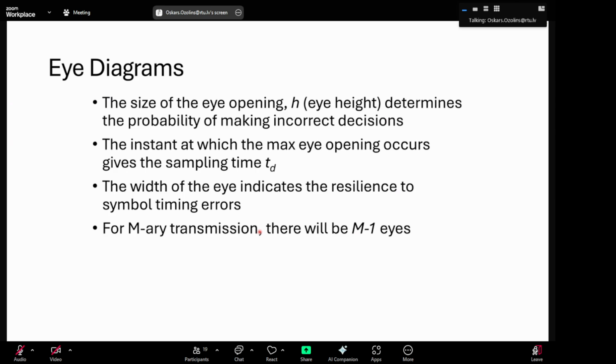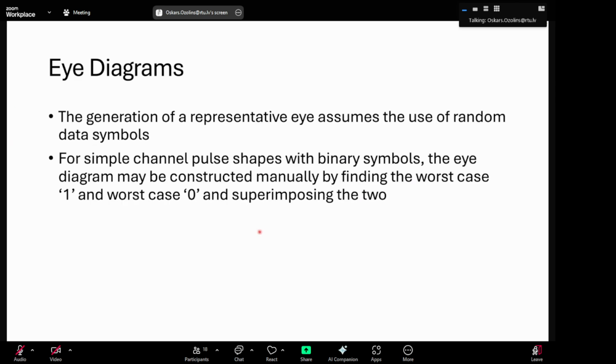And if we look at the width of this eye diagram, it shows what resilience it has to different symbol timing errors.